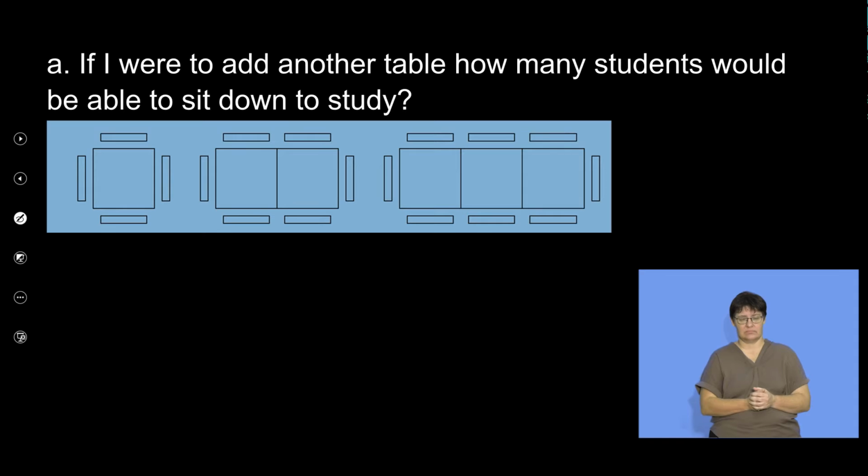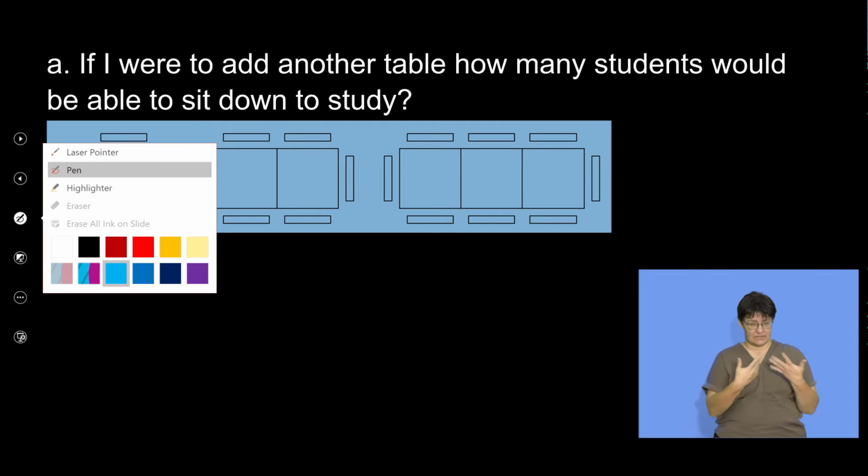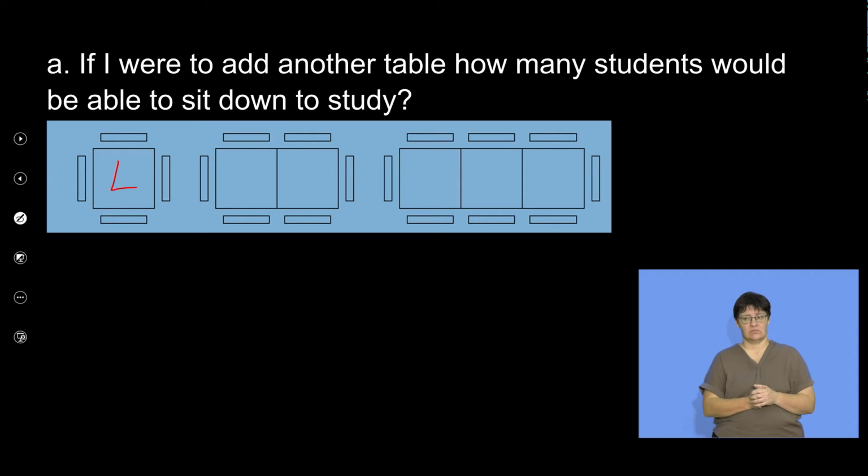So we've already discussed that at our first table we have 4 people. We have 6 people when we add another table. And then when I add a third table, we then have 8 people seated to study.